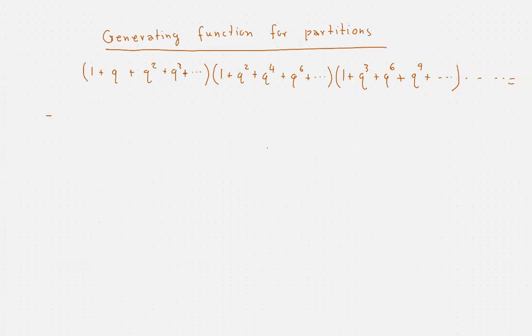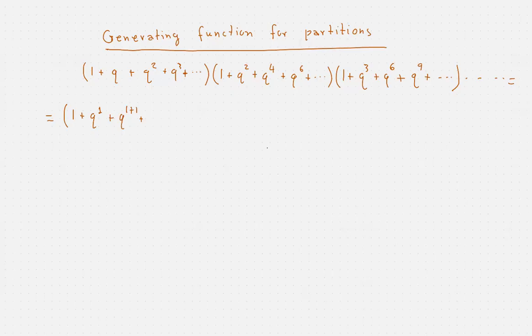So the next step is to write all exponents in a very special way. I will write this exponent as 1, and then q squared I will write as 1 plus 1. And q to the third, that will be 1 plus 1 plus 1, and so on.